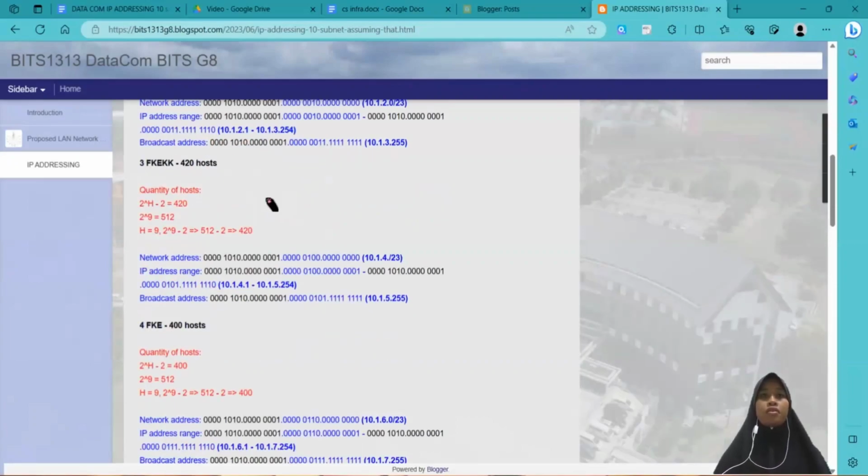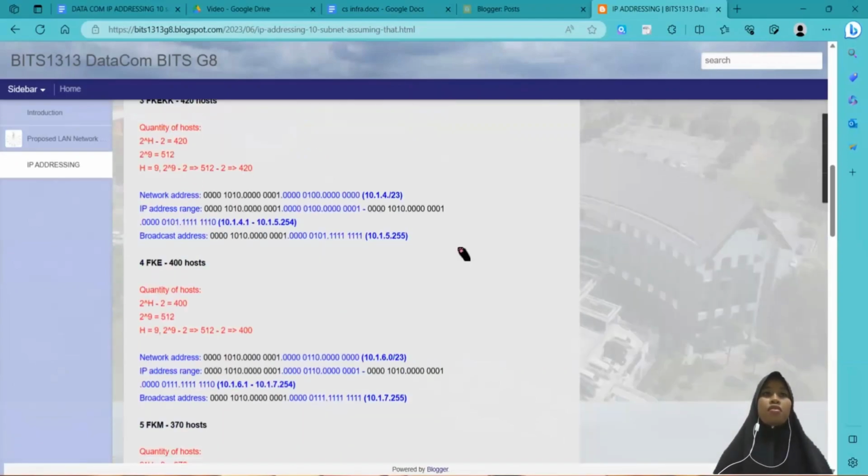And the third faculty has 420 hosts. So we also use 2 to the power of 9, 9 bits borrowed, and the network address is 10.1.4.0, and the IP address range is from 10.1.4.1 until 10.1.5.254, and the broadcast address is 10.1.5.255.